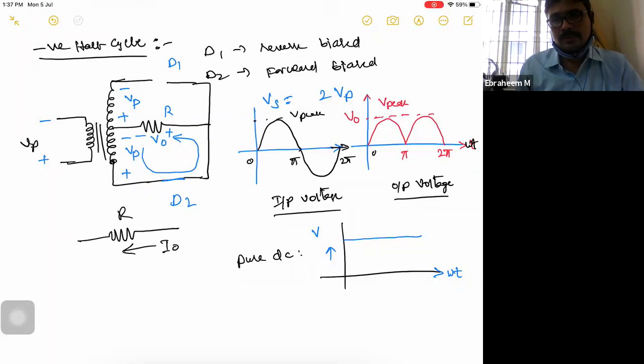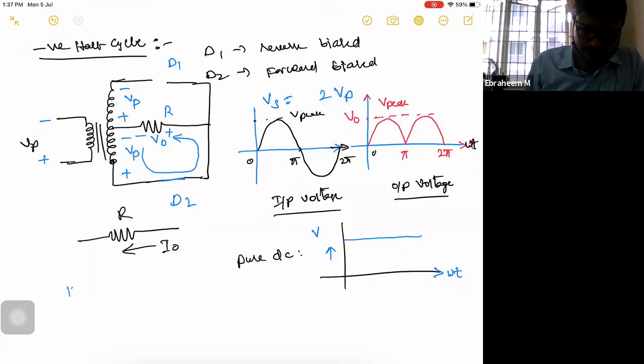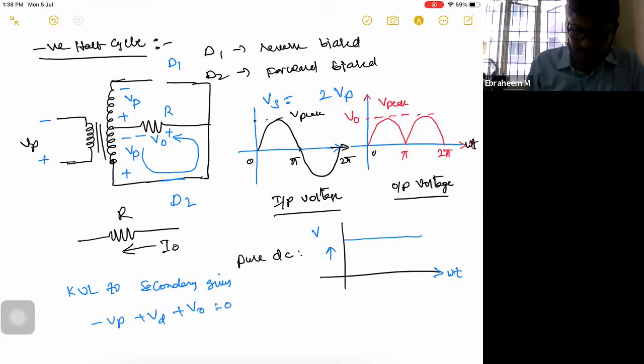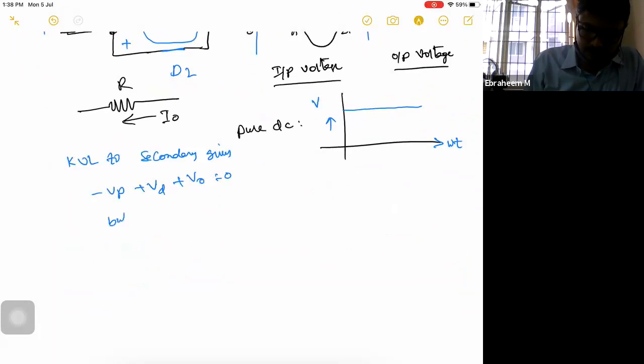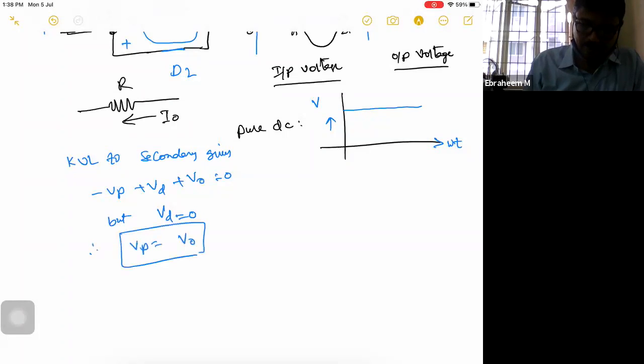Hello. Here also you can apply KVL. It gives minus Vp plus Vd plus V naught is equal to 0, but Vd is equal to 0, therefore V naught is equal to Vp.